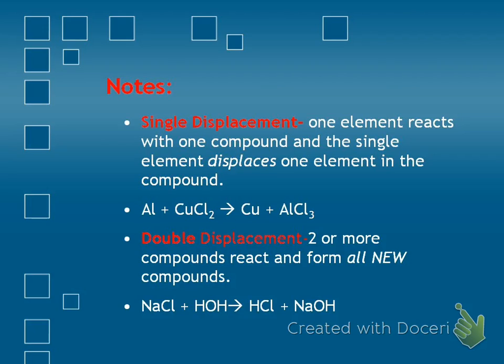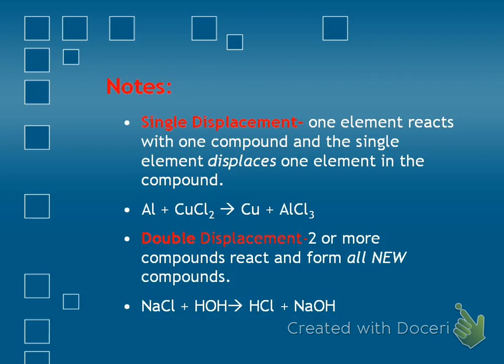And that's really a silly example, but it does kind of give you a visual of what's happening in a single displacement reaction. You have one element reacting with one compound on the reactant side of the equation. So in my example, aluminum, the single element, is reacting with copper chloride, the couple or the compound. Once the reaction takes place, aluminum has kicked copper out of the compound.